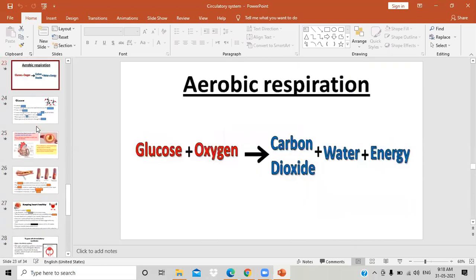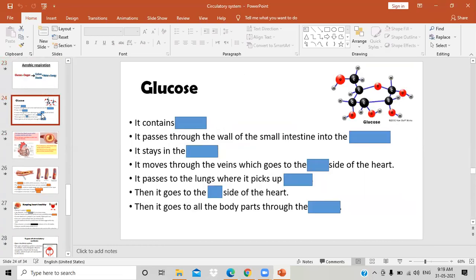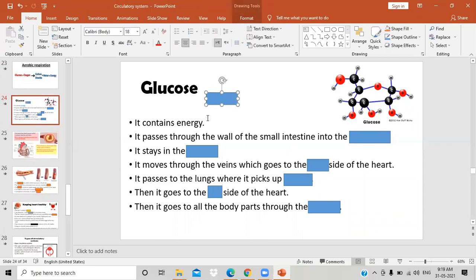We know that aerobic respiration is represented by this chemical equation: glucose plus oxygen gives carbon dioxide, water, and energy. And glucose is very important for your body because this is what energy is formed from.